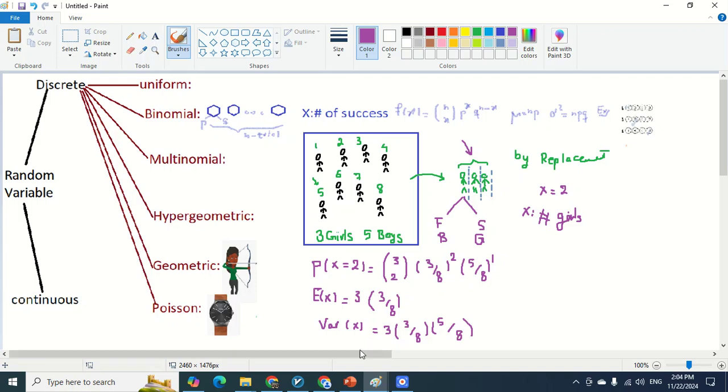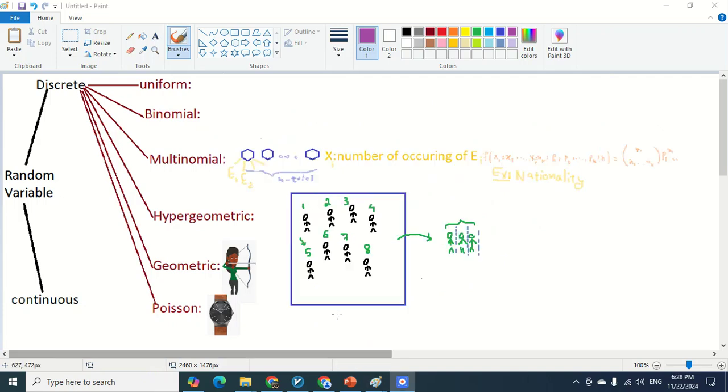So let us take a look at the multinomial now. Let us modify the example to have the multinomial distribution for that type of situation.